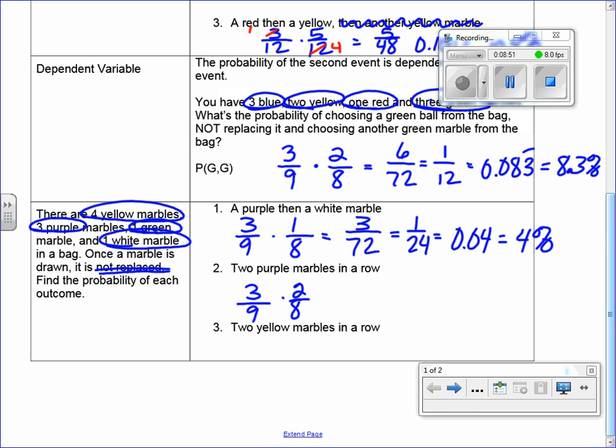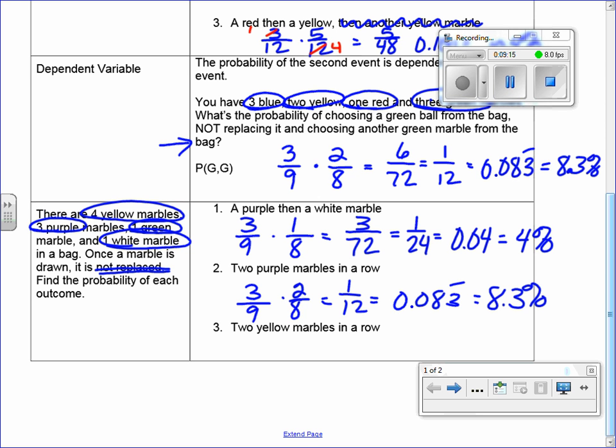We just did very similar math up above, so the math is already done for us. So I'm going to say 1/12, which is 0.083 repeating, which is 8.3%. Yes, I am giving all my answers as a fraction, a decimal, and a percent.